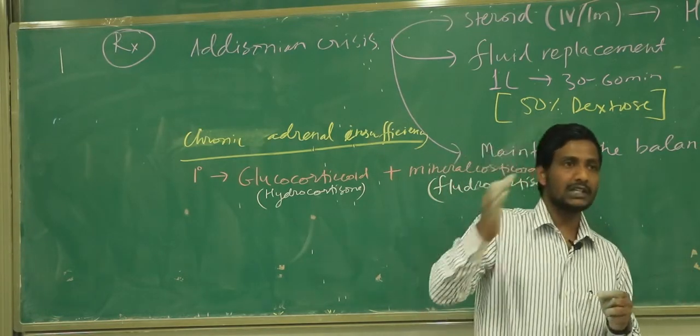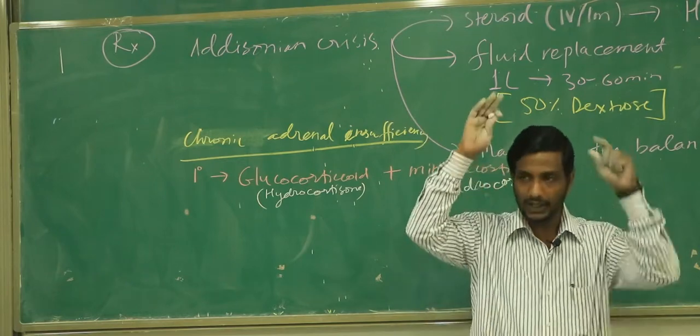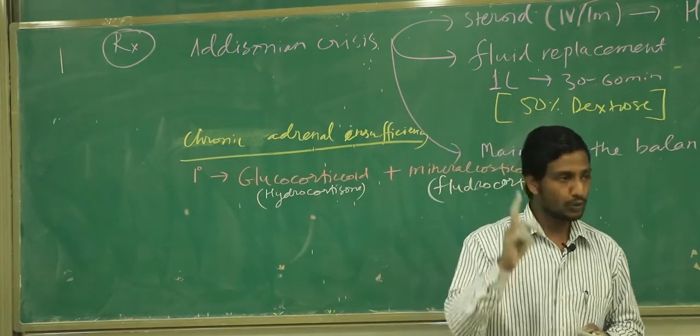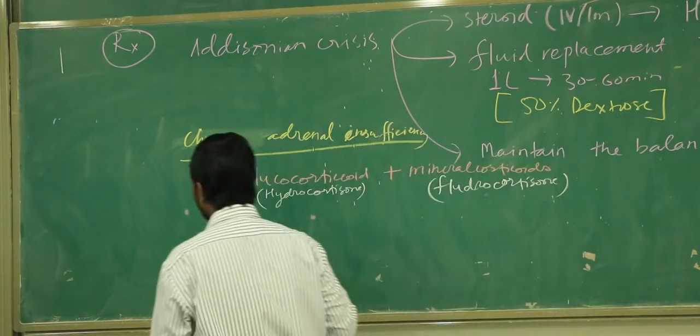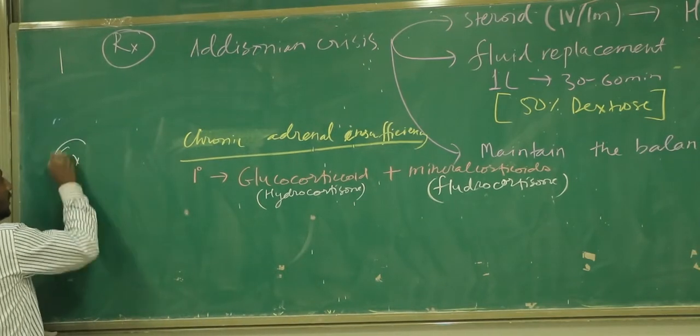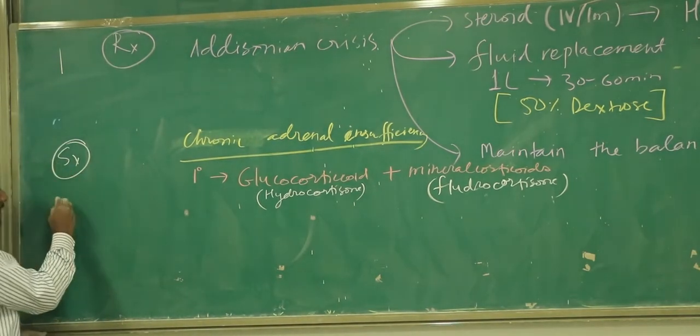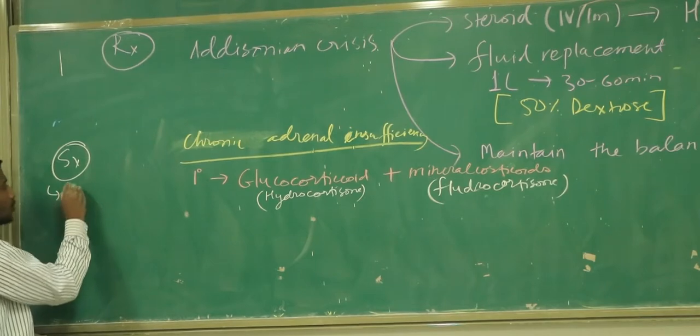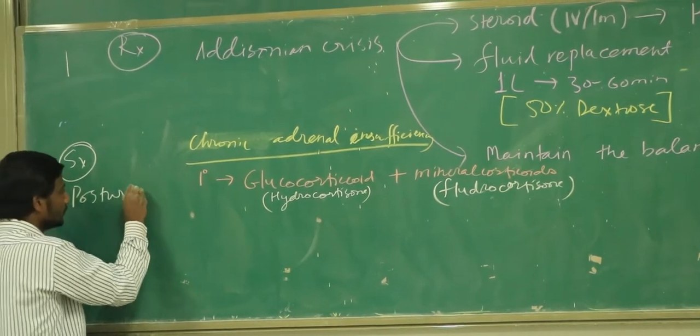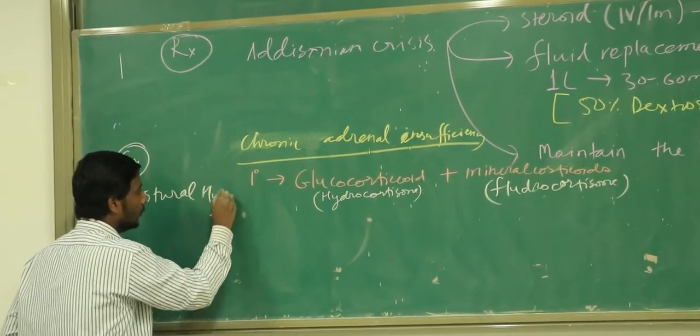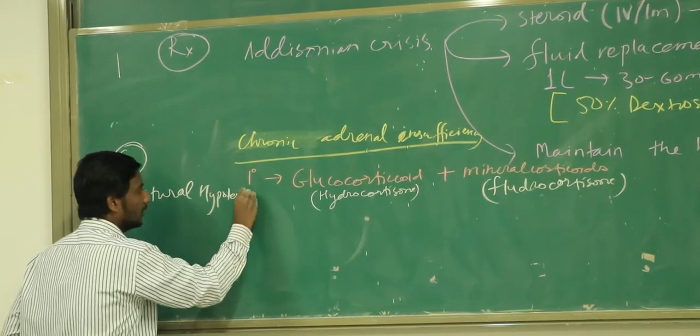Whenever the patient changes position from sitting to up, suddenly their blood pressure goes down. So you mention that in the signs and symptoms. I don't know how I forgot to tell that. So in the signs and symptoms, you must mention that the patient is going to have postural hypotension.